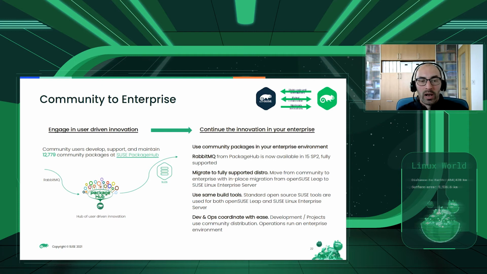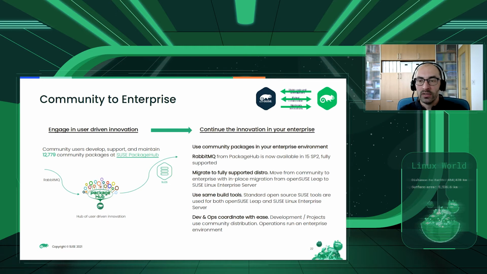And a good example of this path going from openSUSE, from the community to the enterprise, is RabbitMQ, which originally started as a package in openSUSE. However, we saw the demand and the usefulness of having it supported. So we put it into SUSE Package Hub, where it lived for some time, until we saw that it's really enterprise ready and we can provide it to our customers. Then we put it into SLES.